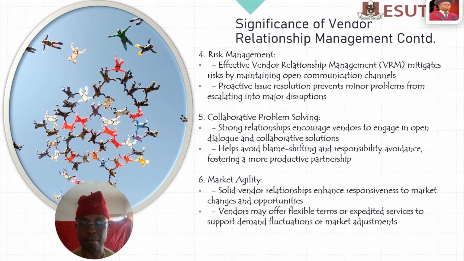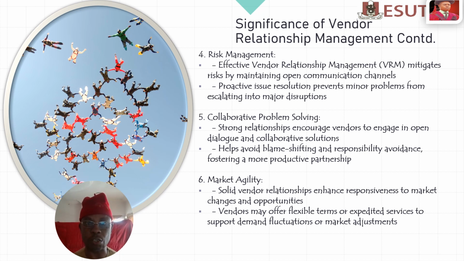Number 6, market agility. With solid vendor relationships, companies can respond more swiftly to market changes and opportunities. Vendors can offer flexible terms or expedite processes to help meet demand or adjust to market fluctuations.